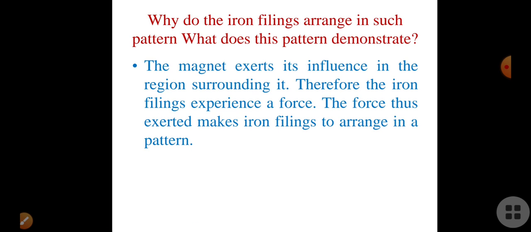So the question arises: when we place iron filings around a bar magnet, why do the iron filings arrange in such a pattern? And what does the pattern demonstrate? The magnet exerts its influence in the region surrounding it, and therefore the iron filings experience a force, and the force thus exerted makes the iron filings arrange in a pattern.